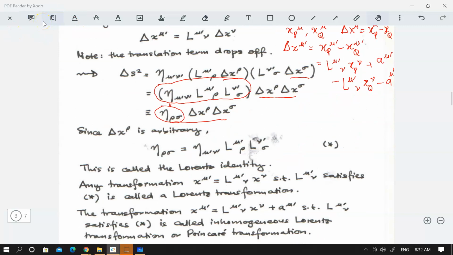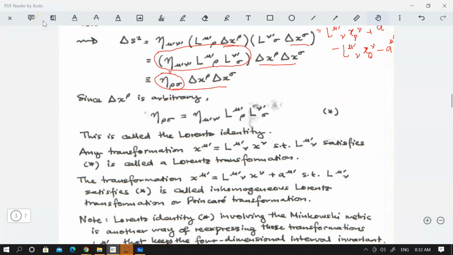So what do we do in this case? We identify this equation, and this equation is called the Lorentz identity. So in other words, the general condition over here is with respect to how your metric tensor changes from one frame to the other.